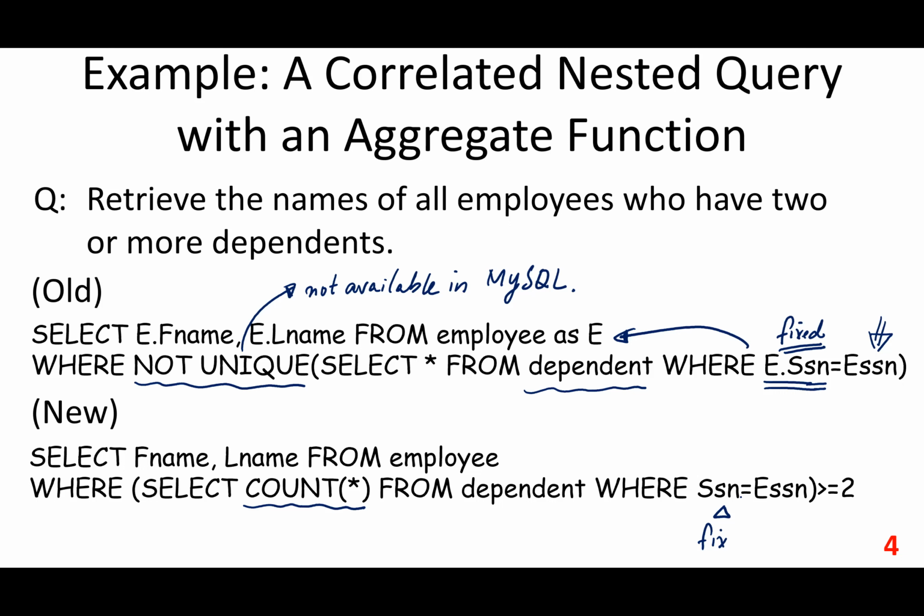When you bring it into the inner query, you fix that. Then when you go through all the dependent SSNs, only those that match the outer SSN count, and then you will have the result. All right.